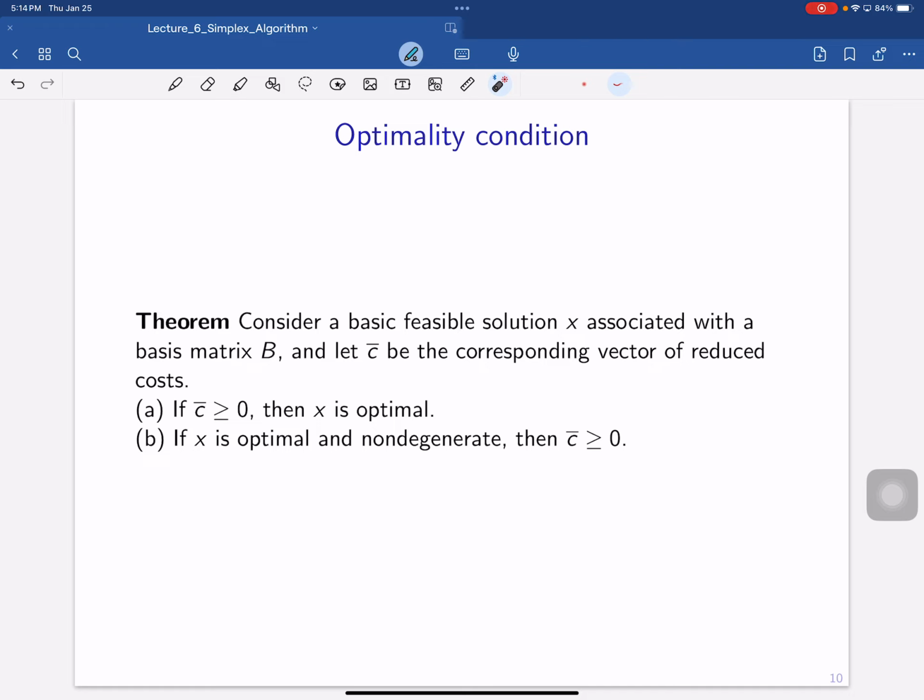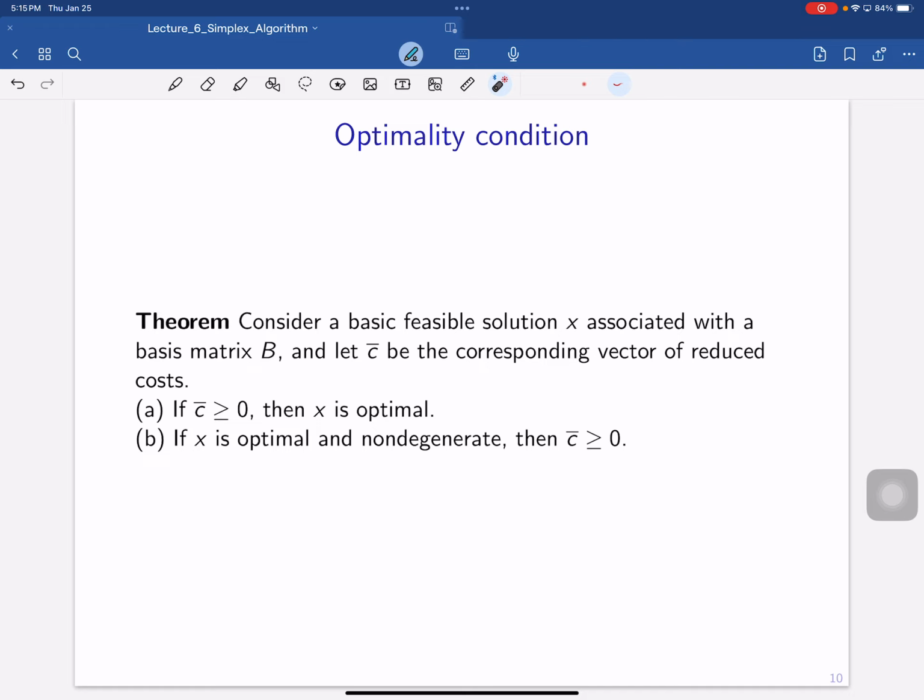So let's absorb it a little bit. First of all, remember how we defined the basic directions. In defining the basic directions, we change each of the non-basic variables from 0 to 1, so there are n minus m basic directions.